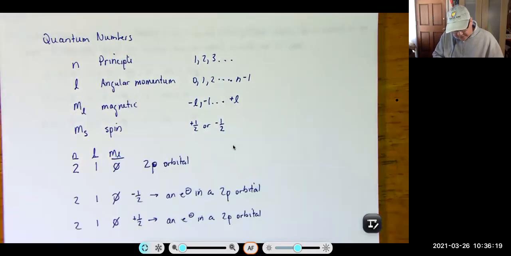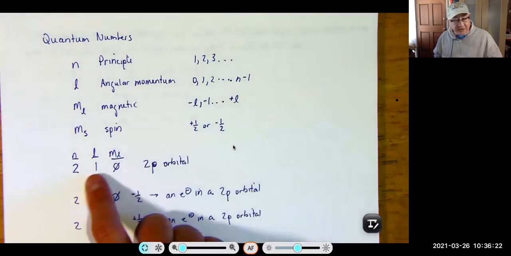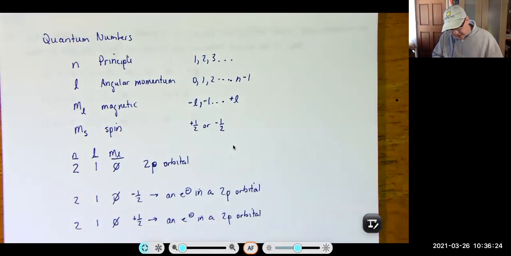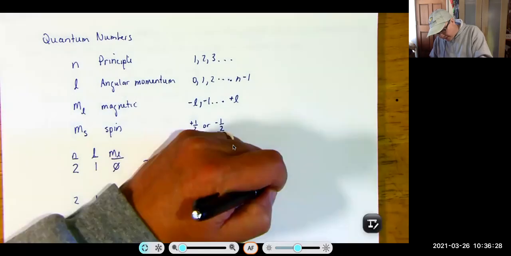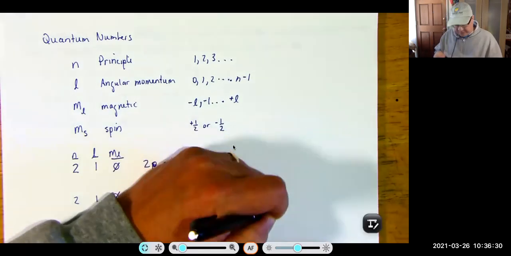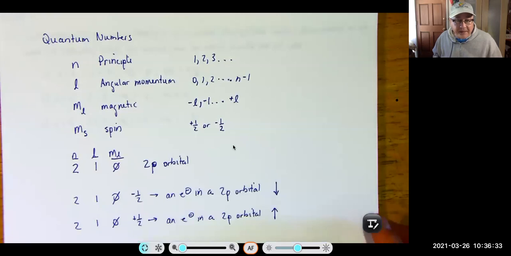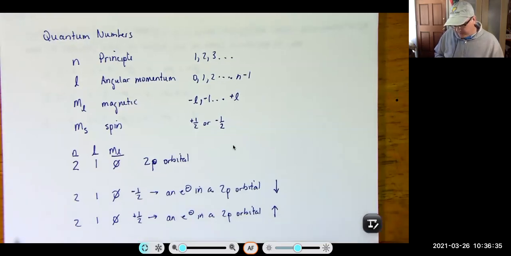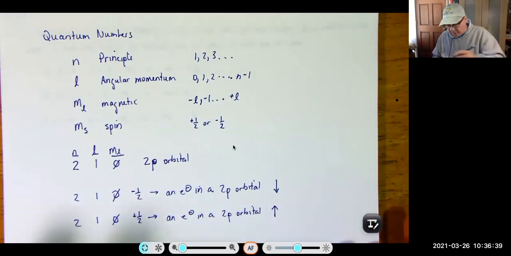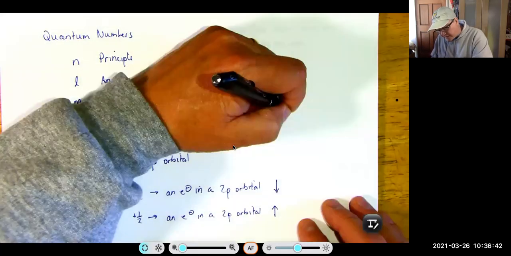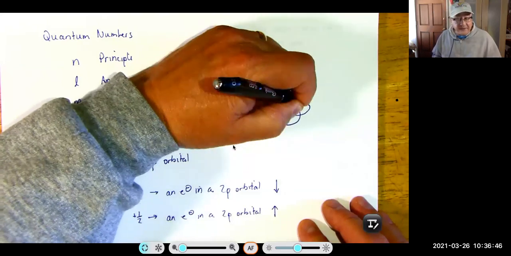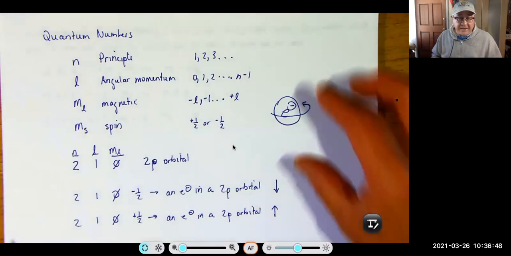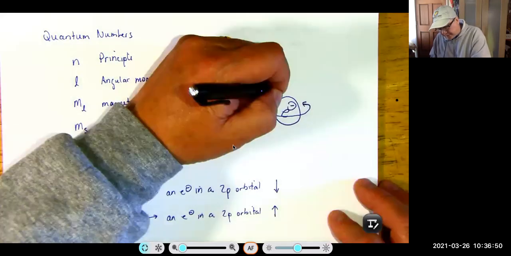Now, for L, we often use a letter designation, right? For these guys, we often use a letter designation also. So this is going to be minus 1/2, and this will be plus 1/2. So we call it spin up and spin down. Spin up, spin down. And the magnetic spin quantum number arises from the fact that when you have an electron and it is rotating or spinning, it actually makes a magnetic field so that you end up getting a north and a south.